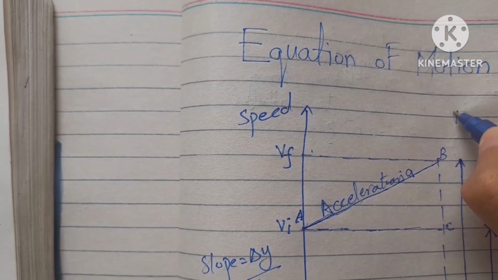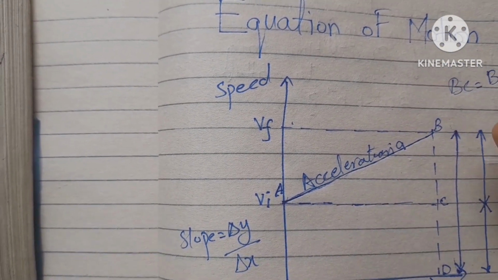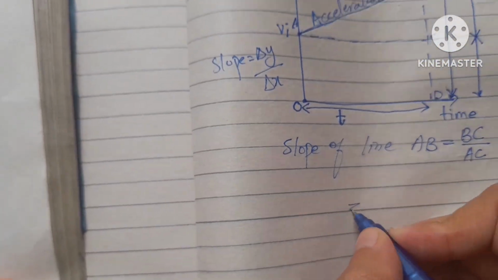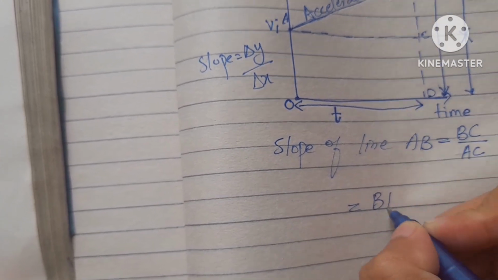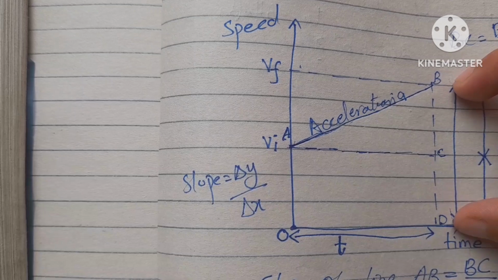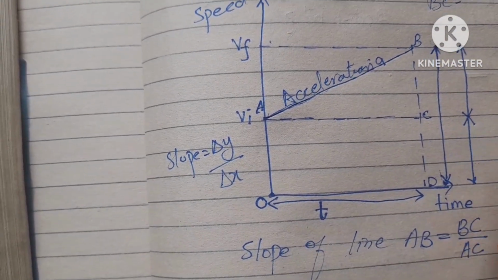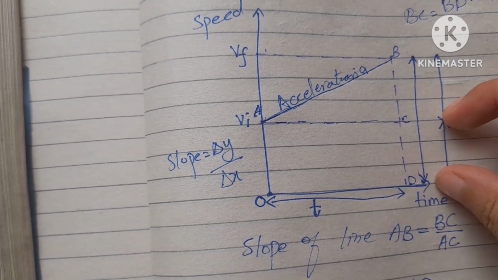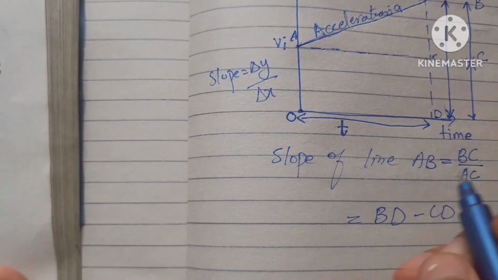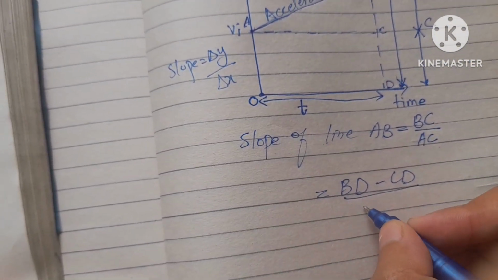So BC is equal to BD minus CD. BD is the full one and BC is this portion. If we subtract CD from BD we get BC. Understand? Divided by, instead of AC we can write OD.